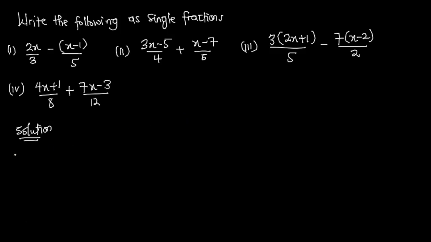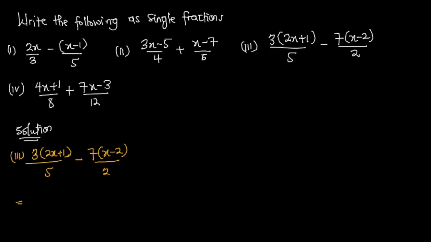Alright, so for our third expression, we have 3 outside brackets 2x plus 1 on 5 minus 7 outside brackets x minus 2 on 2. Now, what I will recommend for you to do first is to expand the bracket to have the numerators in a linear form before you go ahead and find their common denominator and simplify the expression.